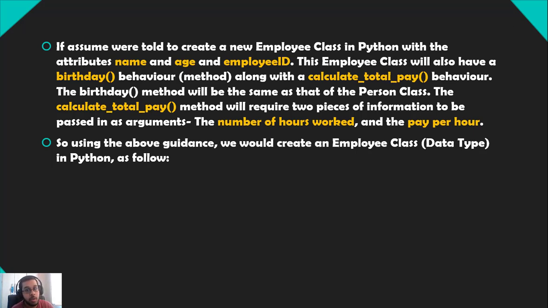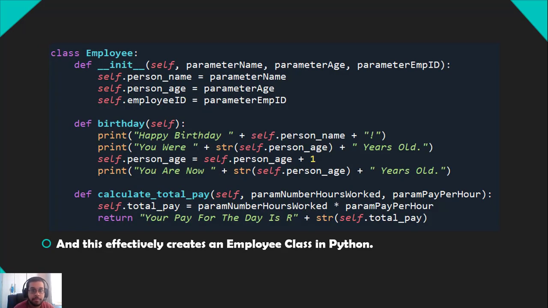The calculate total pay method will require two pieces of information to be passed in as arguments, the number of hours worked and the pay per hour. So, using the above guidance, we would create an employee class data type in Python as follows. And this effectively creates an employee class in Python.